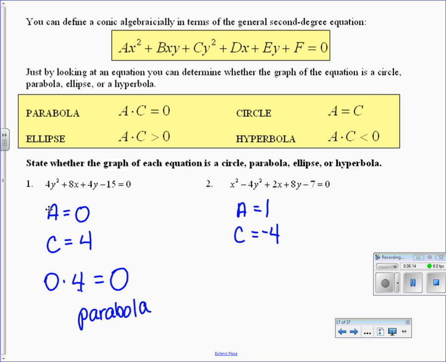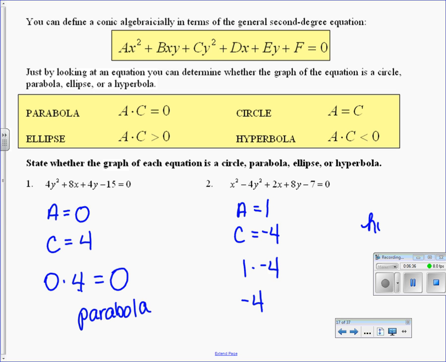So first of all, A and C are not the same. So it is not a circle. So let's multiply them. So 1 times negative 4, and we'll have to figure out, well, what does that equal? Well, that's going to equal negative 4. And so since it's negative, that's telling me that it's smaller than 0.